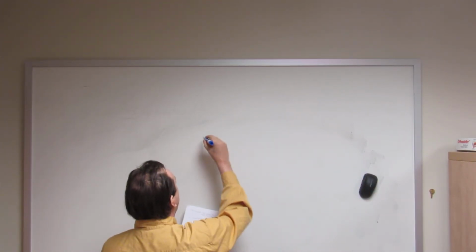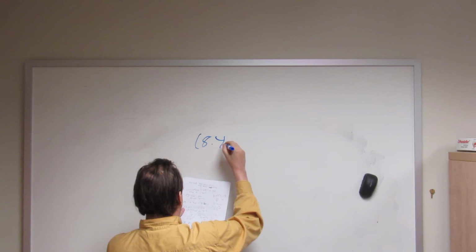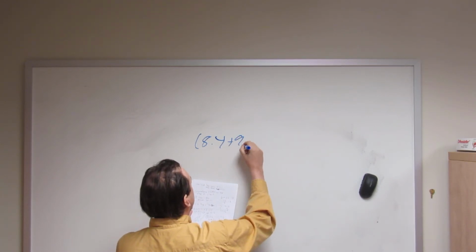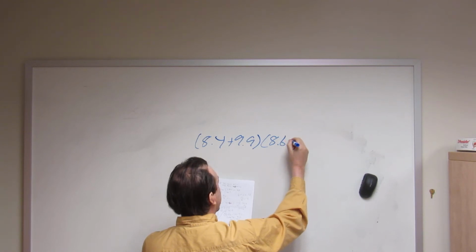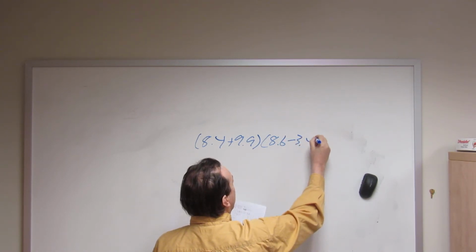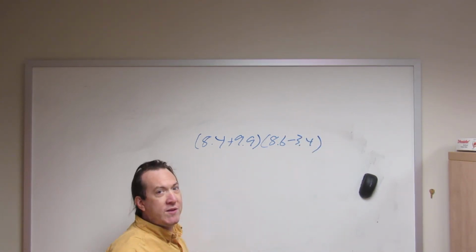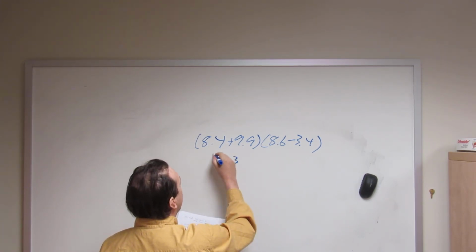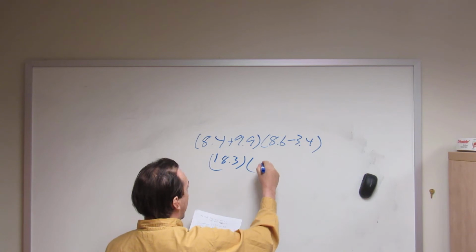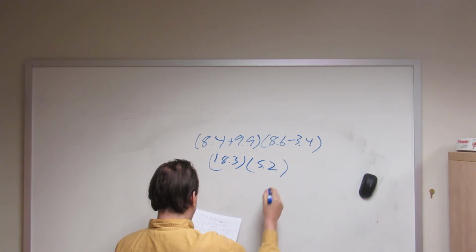Alright, let's say that we have 8.4 plus 9.9 times 8.6 minus 3.4. Do what's in the parentheses first. So we get 18.3 times 5.2.